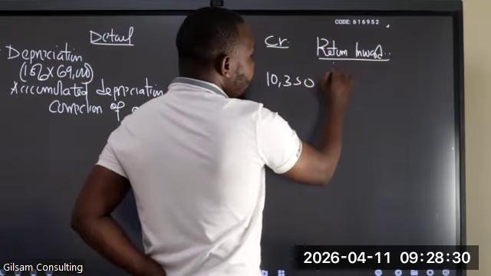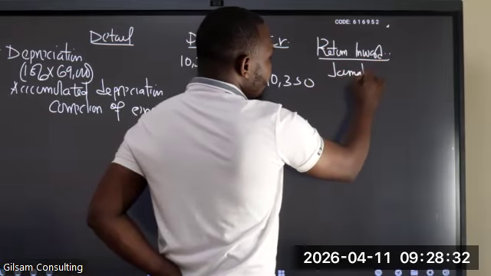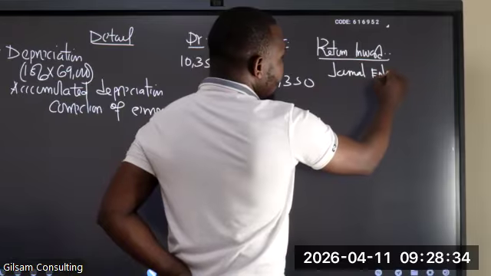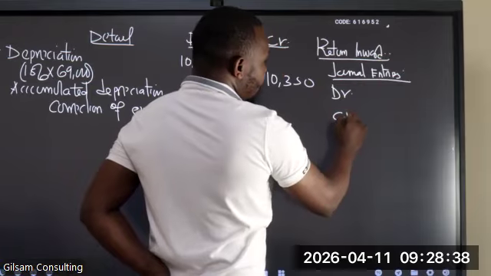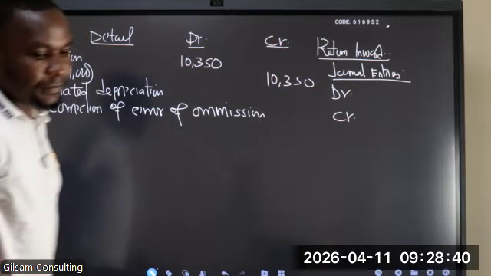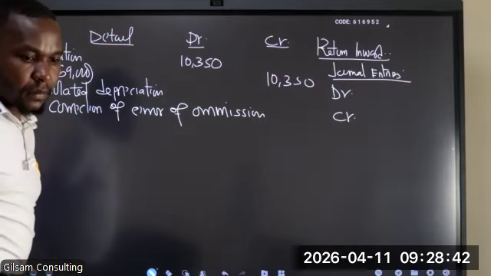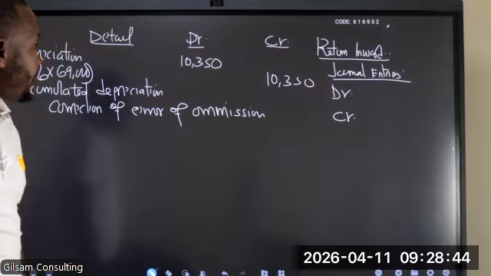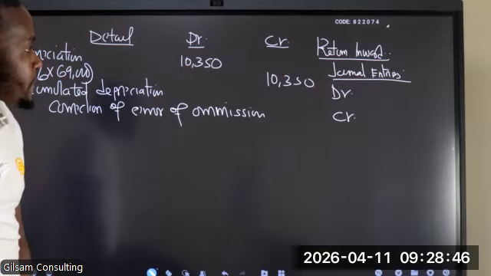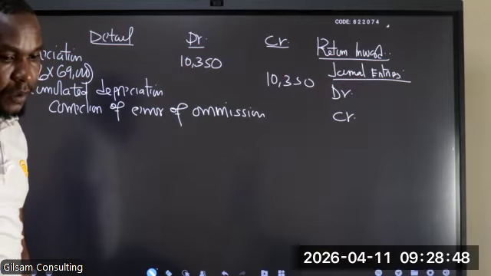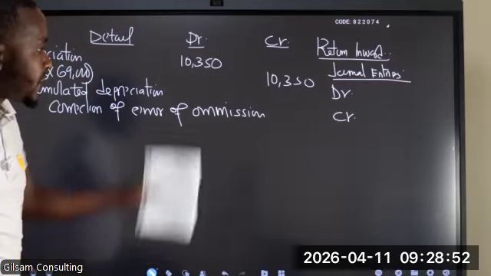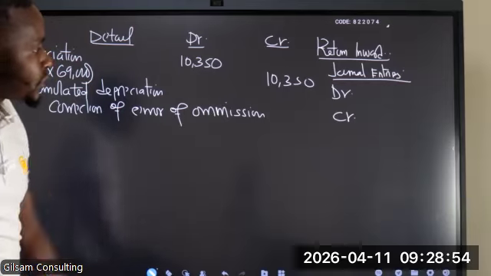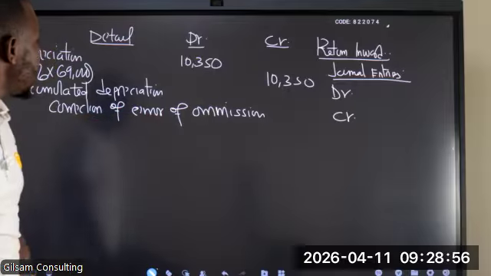The journal entries. We debit where, we credit where? We'll be doing it in the balance sheet. Sales less return inward, but you don't know whether it is a debit or credit.